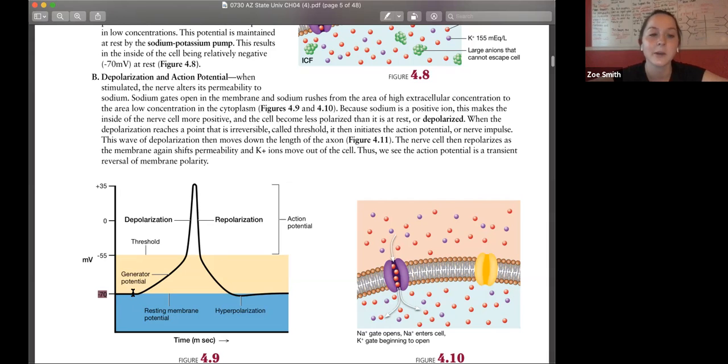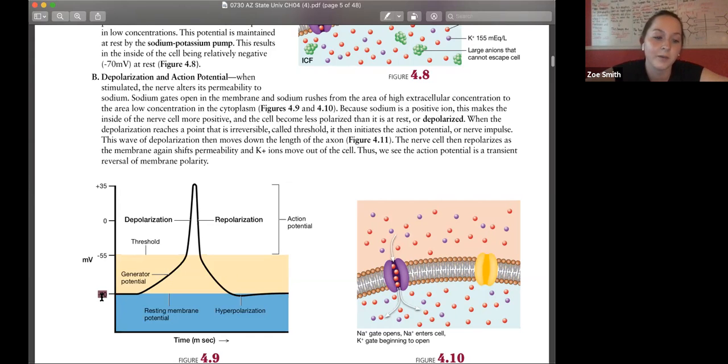When stimulated, the nerve alters its permeability to sodium. Sodium gates open in the membrane, and sodium rushes from an area of high extracellular concentration to an area of low concentration in the cytoplasm. Because sodium is a positive ion, this makes the inside of the nerve cell more positive, and the cell becomes less polarized than it is at rest, or depolarized.